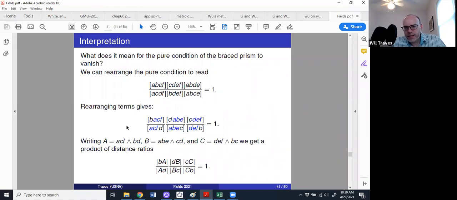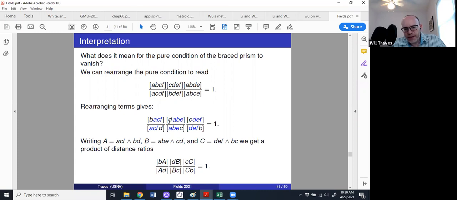But if you generalize the algorithm appropriately, and I claim this is the appropriate generalization, then you can see that what you should be doing is taking this ACF term, which is a plane, spanned by 3 points, and this BD term, which is a line, and you should intersect that plane with the line. And that gives you a point in 3 space.